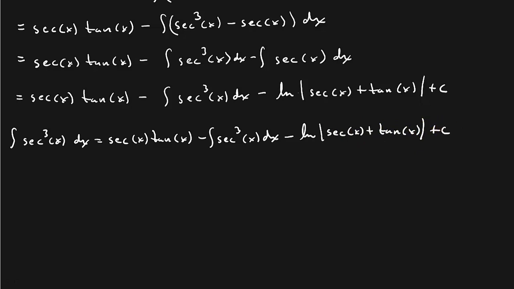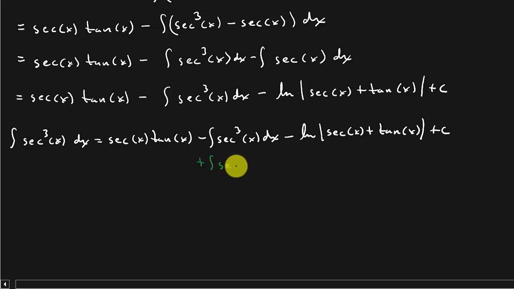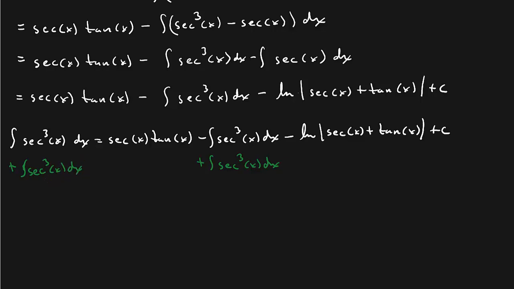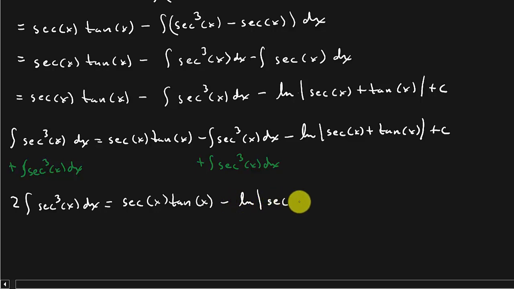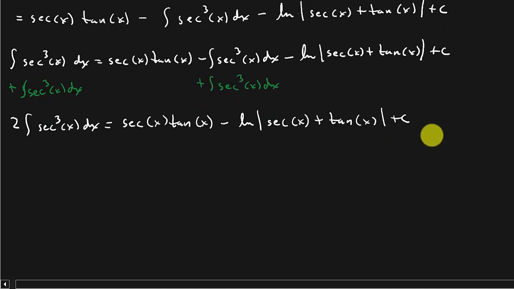And then if I add the integral secant cubed x dx to both sides, that's going to give me 2 integral secant cubed x dx is equal to secant x tangent x minus natural log secant x plus tangent x plus c.